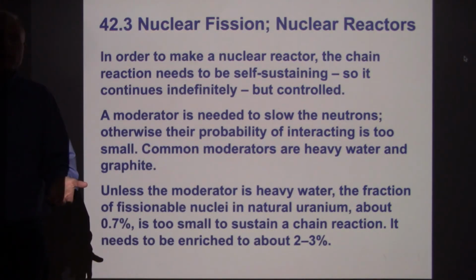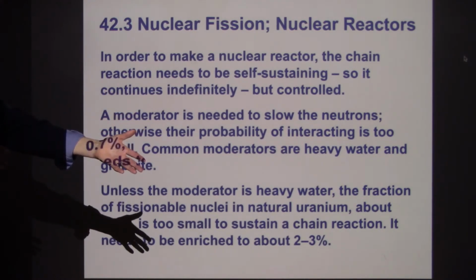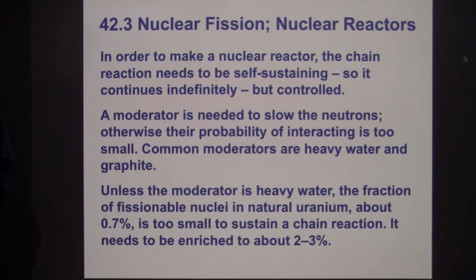Now, if it's designed for a power plant, all you need is to enrich it up to about 2-3% concentration of uranium-235. Weapons would require a much higher concentration. So how do we determine whether a nuclear energy program is designed towards power plants or designed towards the development of weapons? You can look at the levels of enrichment in the materials.